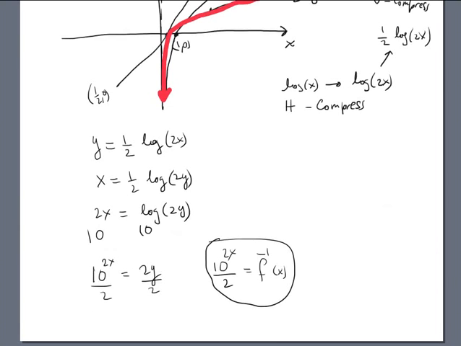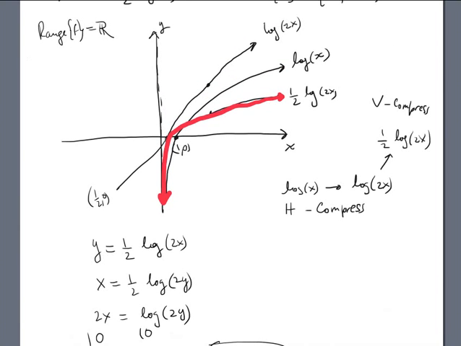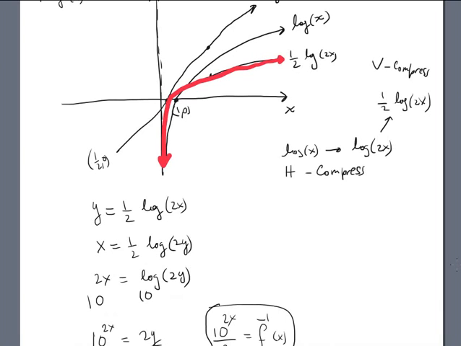One typical point here: suppose this point is (1/2, 0). When you're switching, this becomes (0, 1/2). Suppose 1 is here, and this is the line where (1,1) is here.